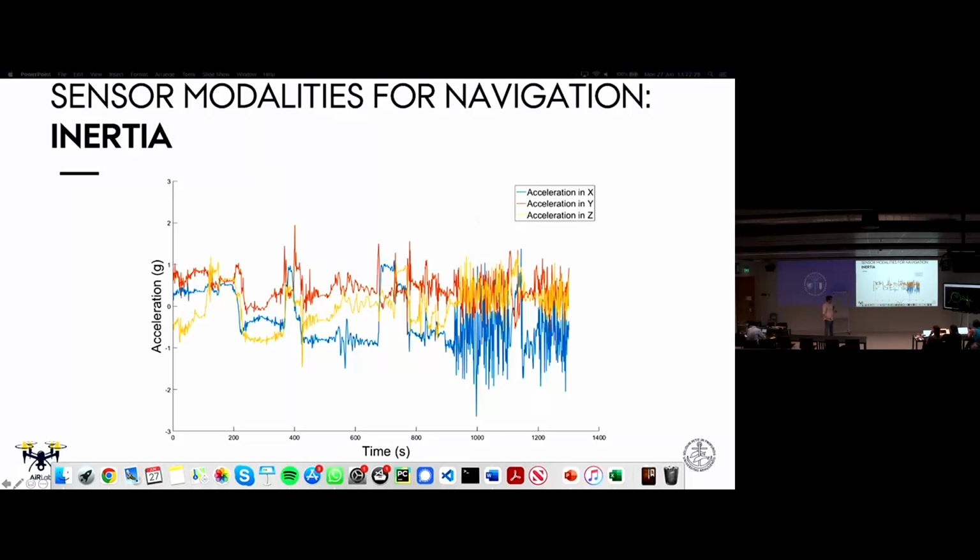However, the problem with inertia is that as you integrate over longer time horizons, as soon as you start encountering noise, like this big blob there, you will start compounding error. Whereas it is very useful for shorter time horizons in terms of state estimation and spatial awareness, for longer time horizons inertia on its own might not be the best option.